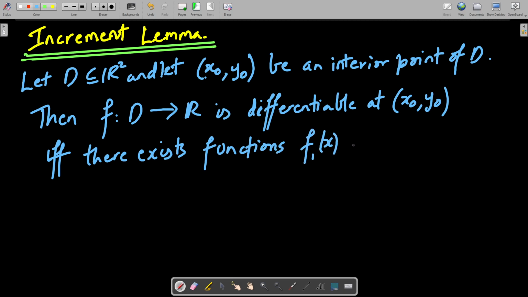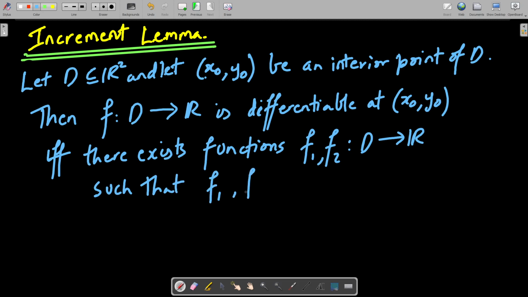There exist functions f1, f2 from D to R such that f1 and f2 are continuous at x0, y0.